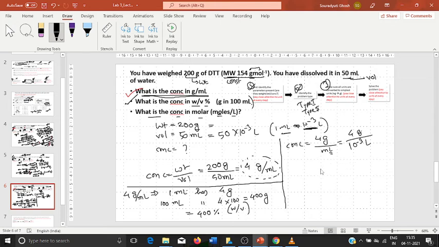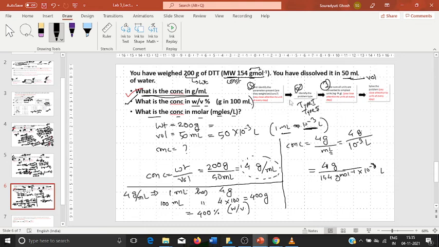That's where the molecular weight comes in, because that is used for conversion of gram to mole and vice versa. So we are going to divide by the molecular weight, 154 gram mole inverse, and besides we have 10 to the power minus 3 liter.